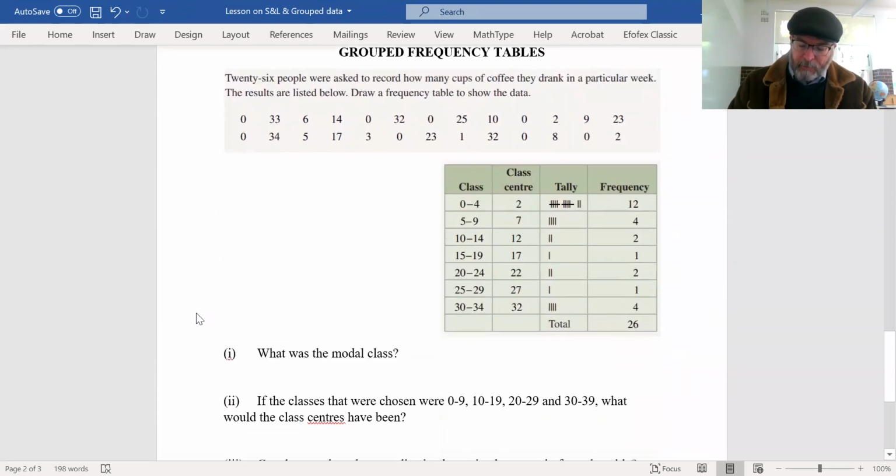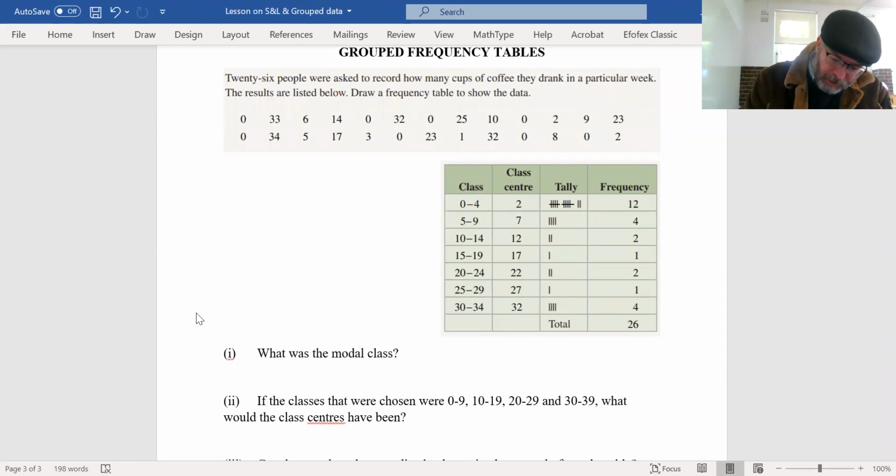Grouped frequency tables. Sometimes there's just so many different numbers, and some aren't repeated, that if you made a frequency table which included all those individual numbers, it would be ridiculous, right? I know they're all not represented there, but it looks like it goes from 0, and the highest number is somewhere like, say, 34, right?